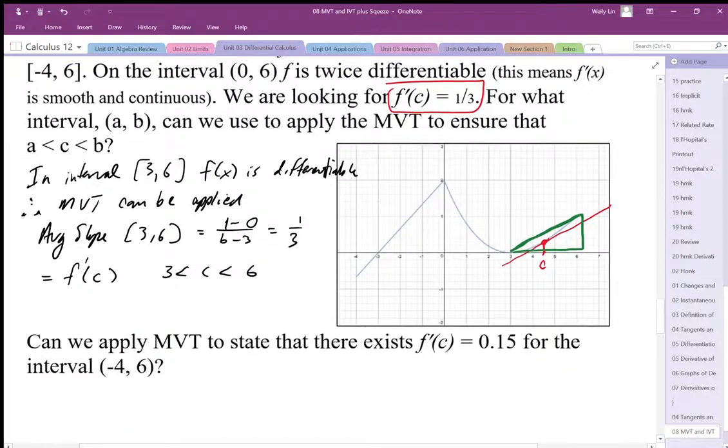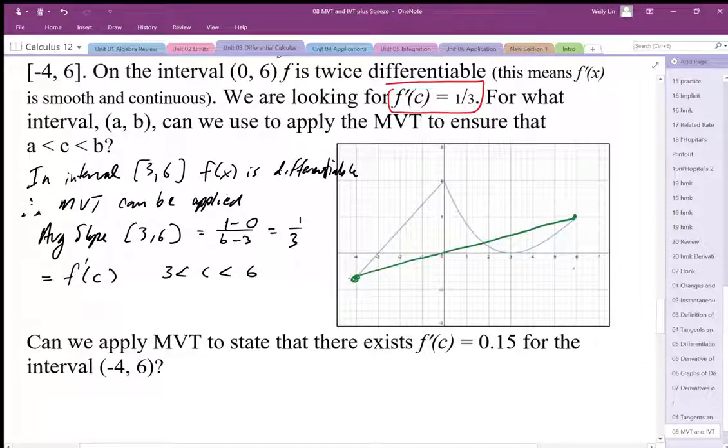So the question then says, can we apply the mean value theorem to state that there exists some point C where f prime of C equals 0.15? Well, where that 0.15 comes from is the average slope within that interval. If I draw that in there, what's that point there?